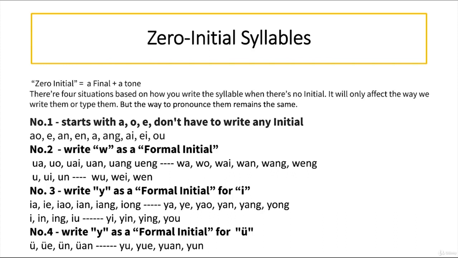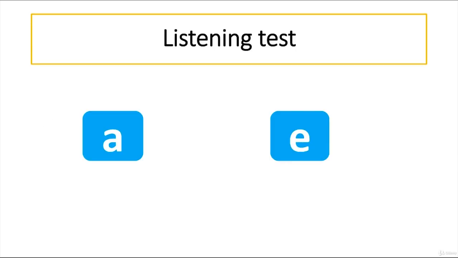For all of them, we'll add Y at the beginning of the syllable and drop the 2 dots. So we will have YU, YUE, YUAN, YUN. Remember, zero initial syllables only affect the way we write or type them, but the way to pronounce them remains the same. Now it's time for the listening test.